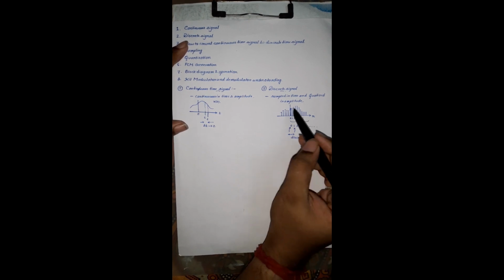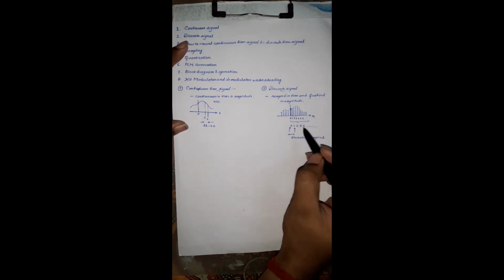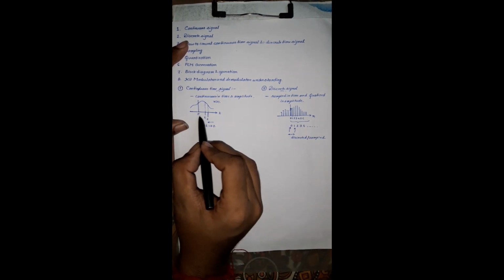So that's the nomenclature, the notation that I want to tell you. Two things have happened here: one is quantized amplitude and the second is sampled or discrete time. Discrete time means the time has been discretized and we have taken some particular time intervals. Here we haven't taken particular time intervals because the time is always continuous.